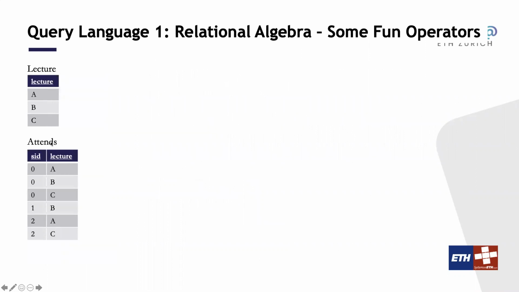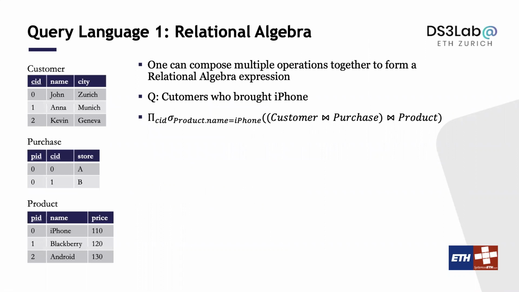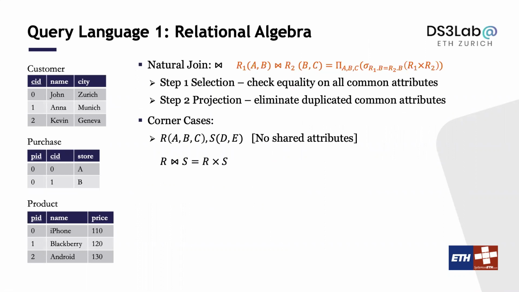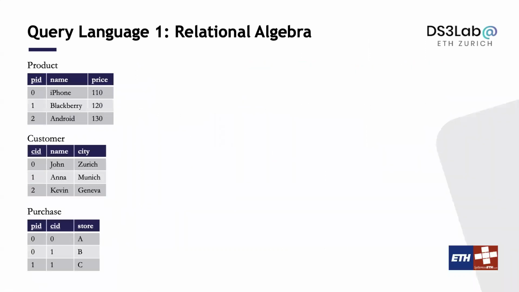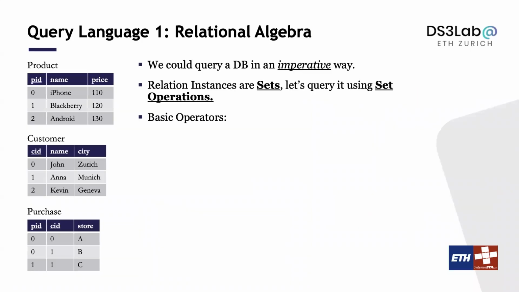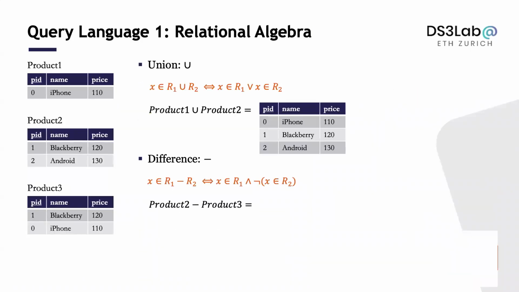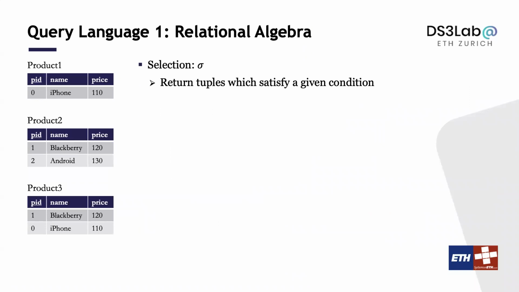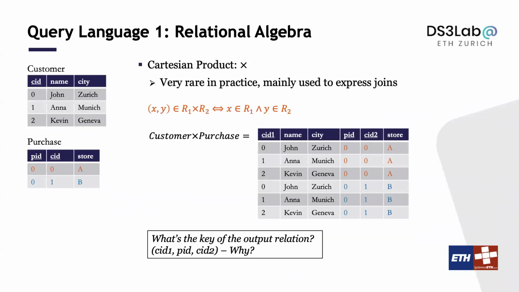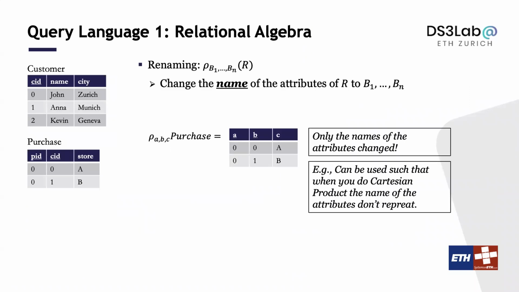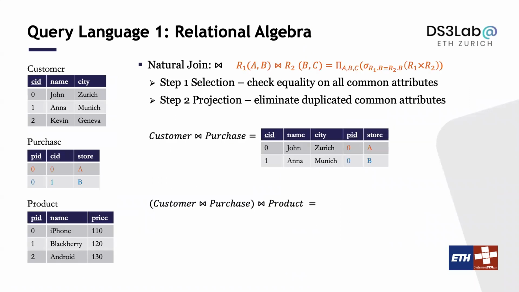Sorry, too many slides. Give me a minute. Okay, natural join. If I do the customer natural join purchase, this is what I get.